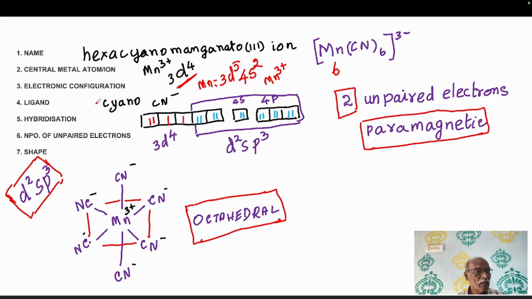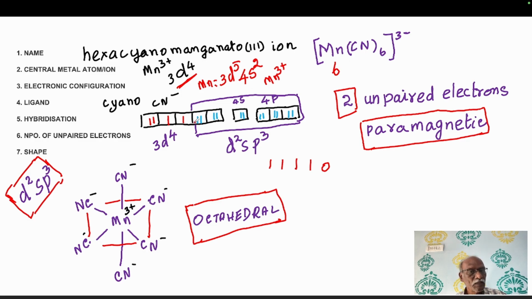The ligand present here, cyano, CN minus, is a strong field ligand. What does this strong field ligand do? Normally, the 4 electrons are arranged this way, and another orbital is vacant.